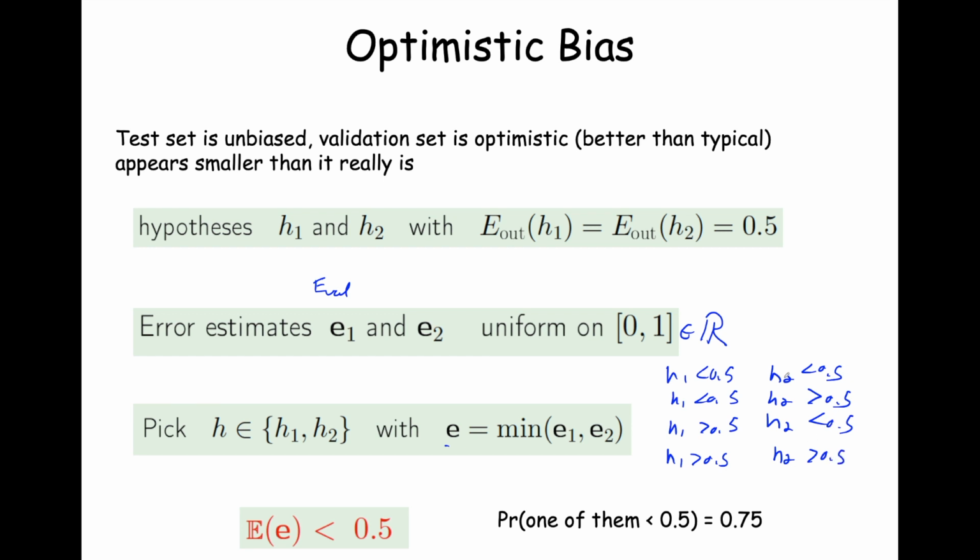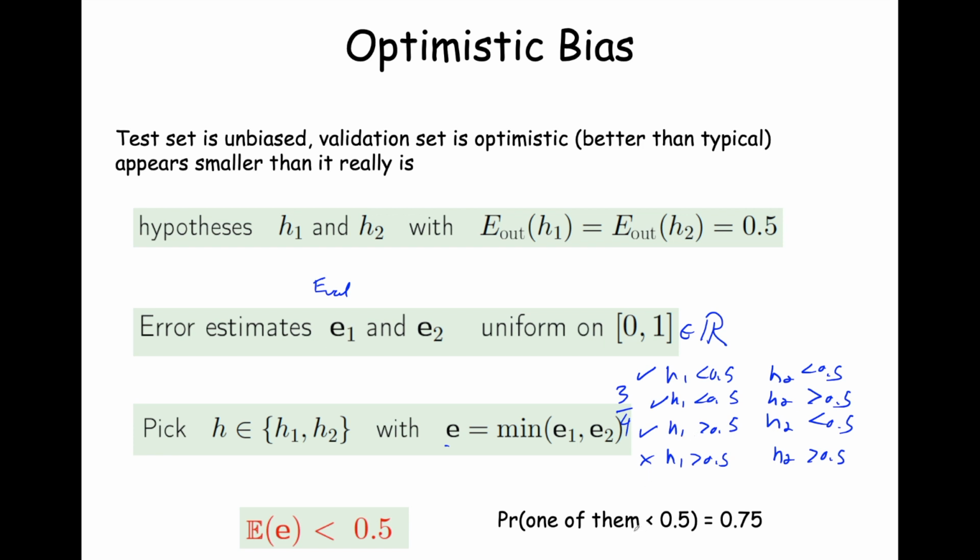Because we're selecting a minimum, we consider the probability that one of them is less than 0.5. Here, they're both less. Here, H1 is less. Here, H2 is less. This one does not, they're both greater than 0.5. So we have 3 out of 4 total choices, a 75% probability that one of them is less than 0.5.